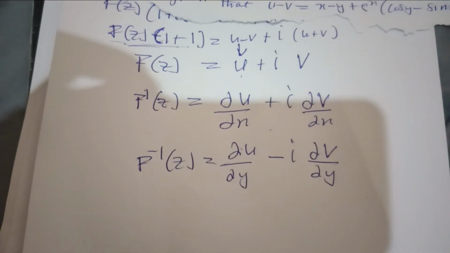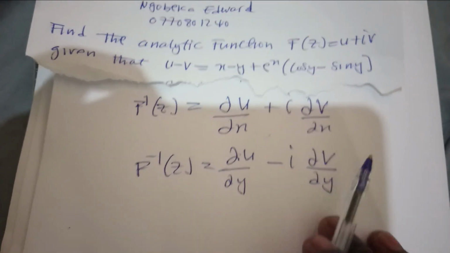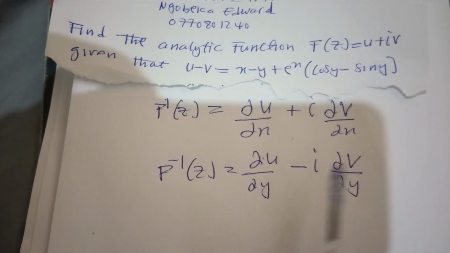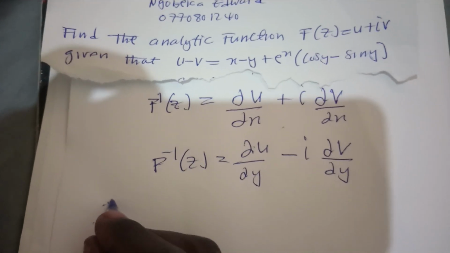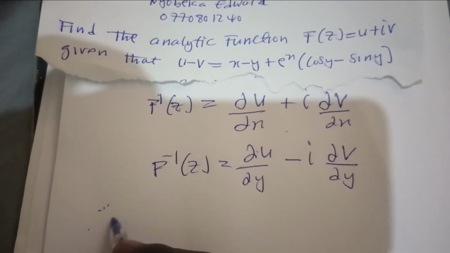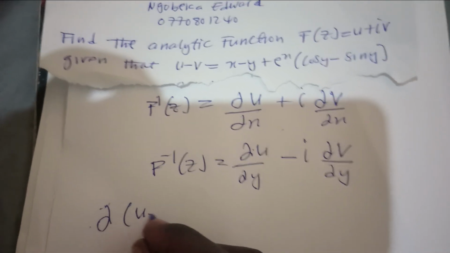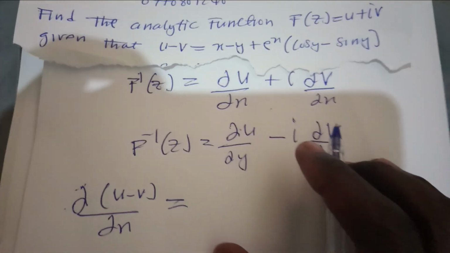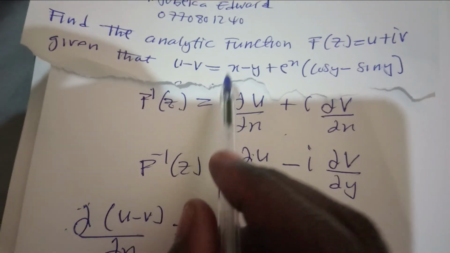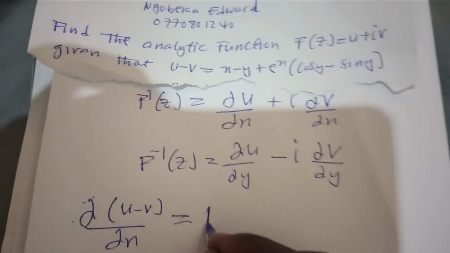Analytic function. Since we have this equation, our first step is to find the partial derivative with respect to x. We have the partial derivative of u with respect to x equal to: when we differentiate this one with respect to x, we have 1.